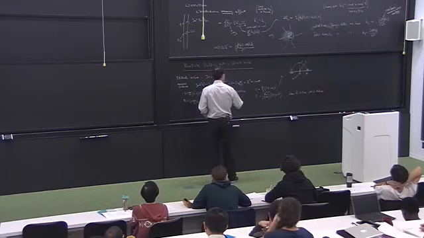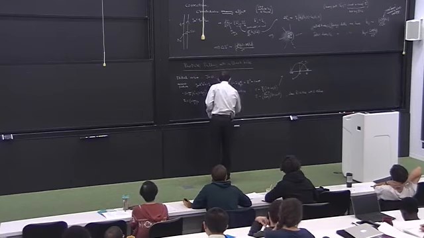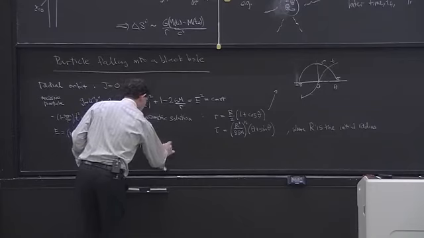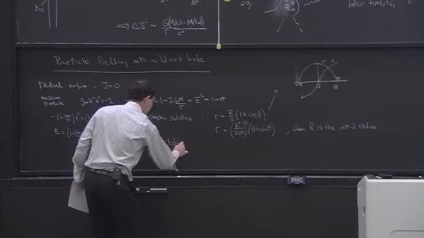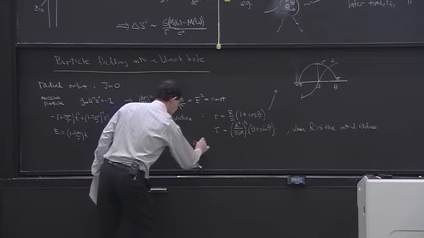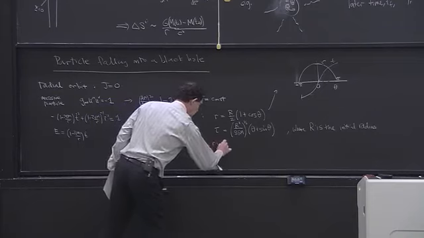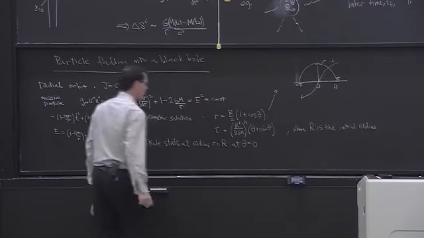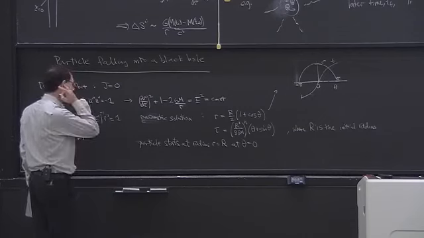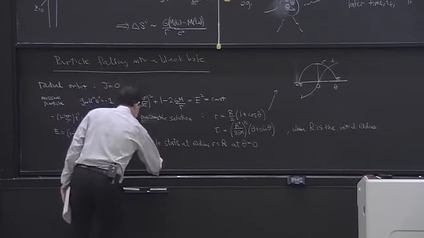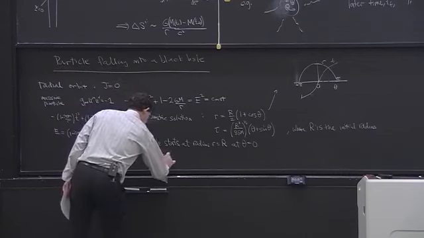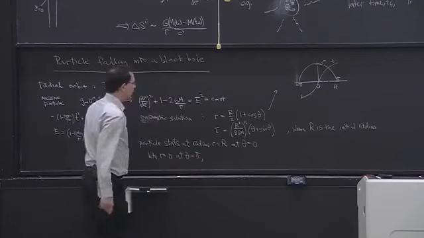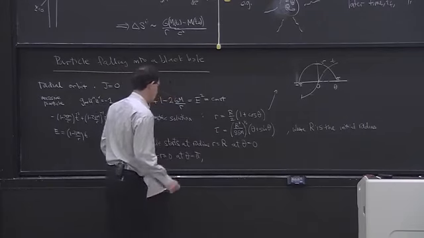In particular, if we start off the particle at radius R at theta equals 0, at what value of theta does it hit 0? So it hits R equals 0 at theta equals pi. And then we can just read off what tau is.